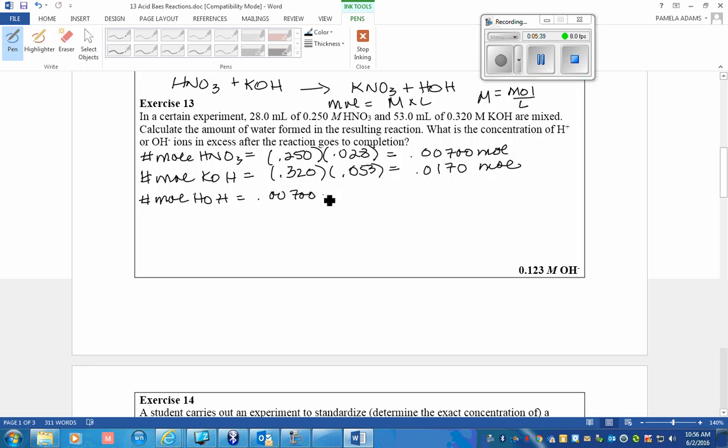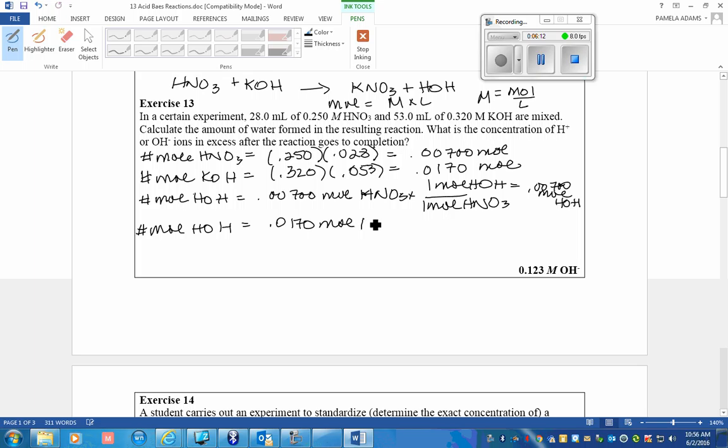So starting out with 0.00700 moles of HNO3, using its stoichiometry of 1 mole of HNO3 yielding 1 mole of water, I see I can make 0.00700 moles of water. The number of moles of water that can be formed by 0.0170 moles of KOH, you can probably do in your head.